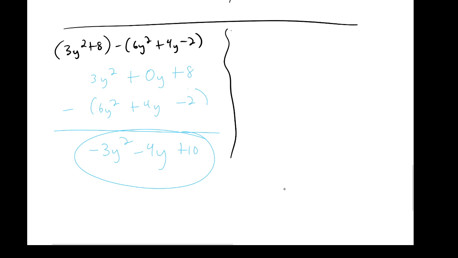Or we can do it this way. We have 3y squared plus 8 minus 6y squared plus 4y minus 2. Right? And drop the parentheses for the first one. Now, if I drop the parentheses here, I have to change all of my signs, okay? So I'm going to drop it, but this guy's going to become a minus. This guy's going to become a plus.